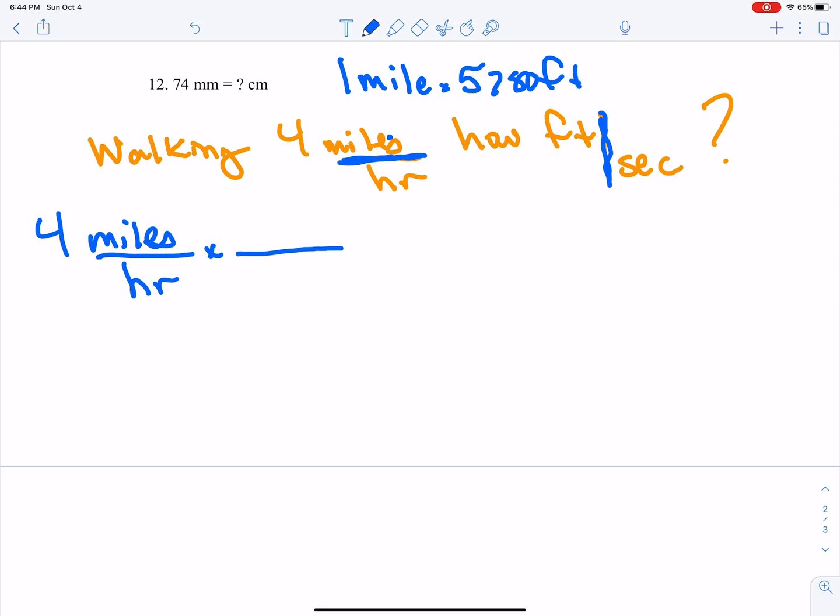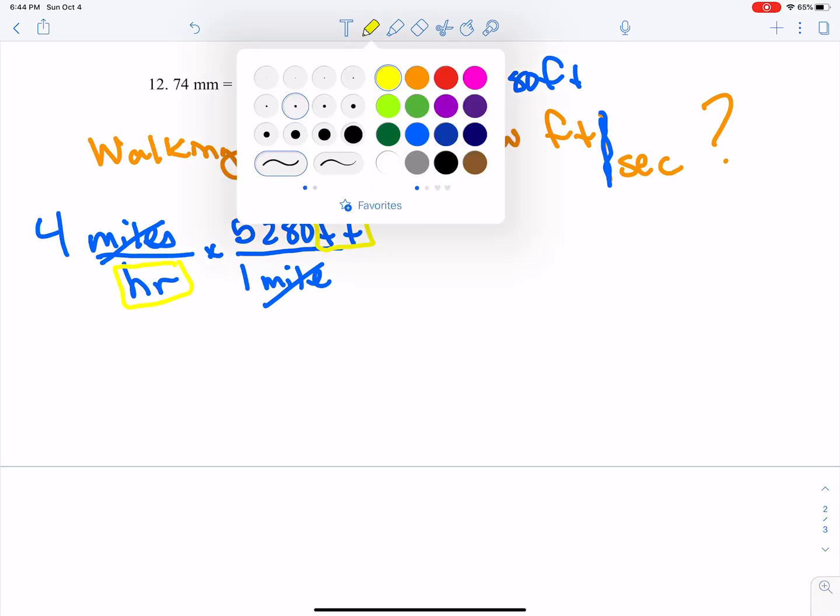I put 1 mile on the bottom because I want it to cancel out, and 5,280 feet on top. So miles cancels out miles, and now I have feet per hour. Well, I don't want feet per hour. I want feet per second.